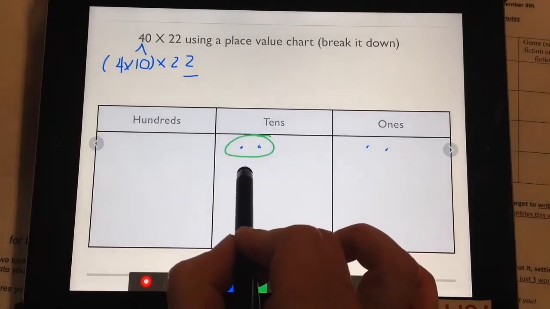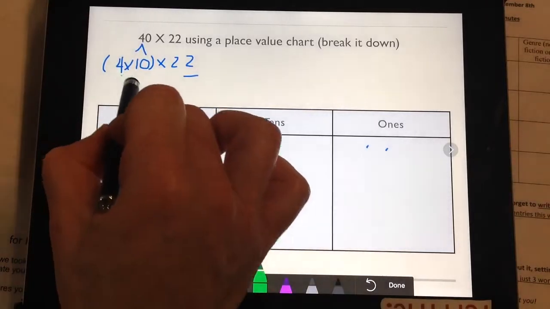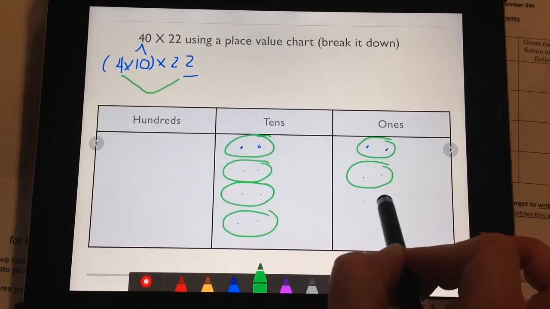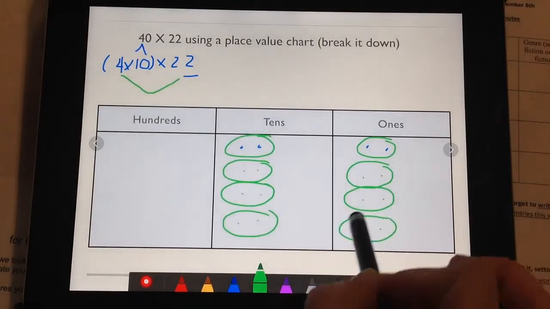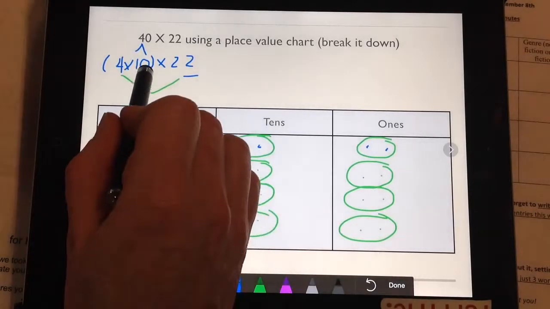So it's 1 group, 2 group, 3 group, 4 group. 4 times 22. And then we can multiply each one times 10.